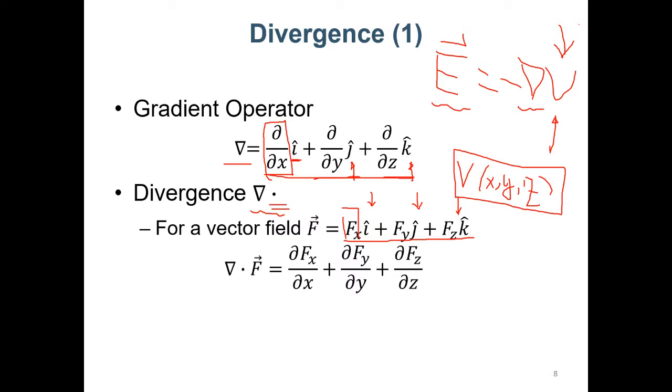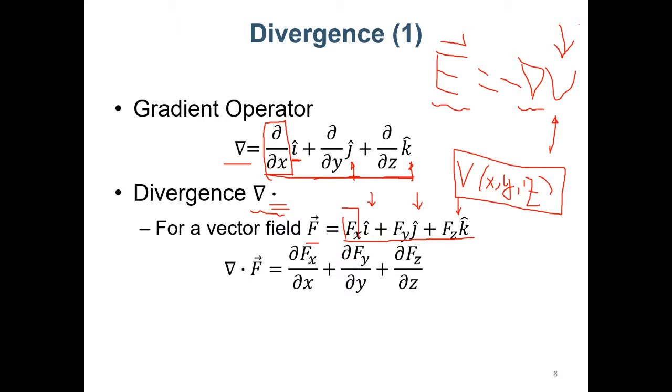From a linear algebra point of view, there are three independent bases, so that we can project F in these three directions.